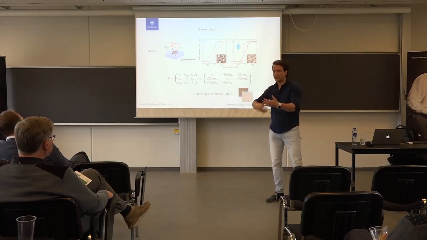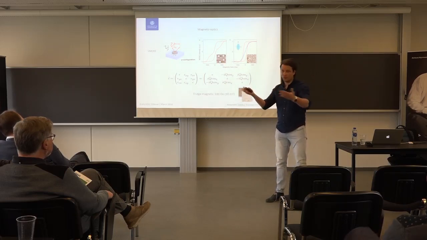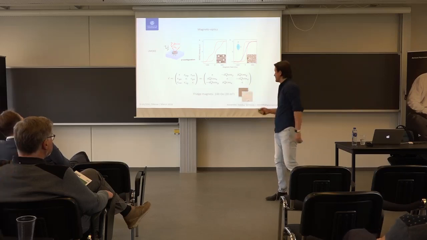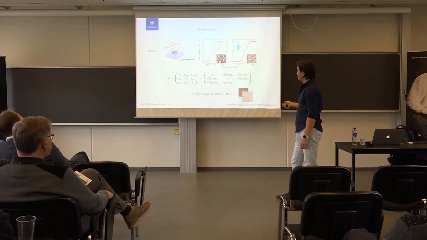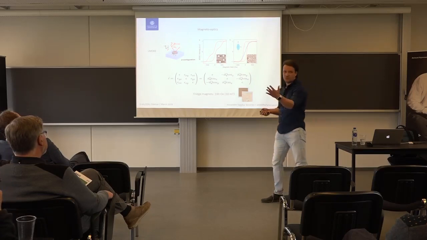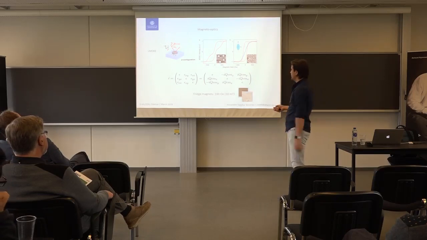No matter how much more magnetic field you apply, it doesn't get more magnetized because all the spins are aligned, all the domains are aligned. This is what you can extract from these hysteresis curves. So you start with zero magnetic field, start applying it, let's say in this configuration, and then you interpret the polarization rotation or the ellipticity of your light in terms of the Kerr intensity.